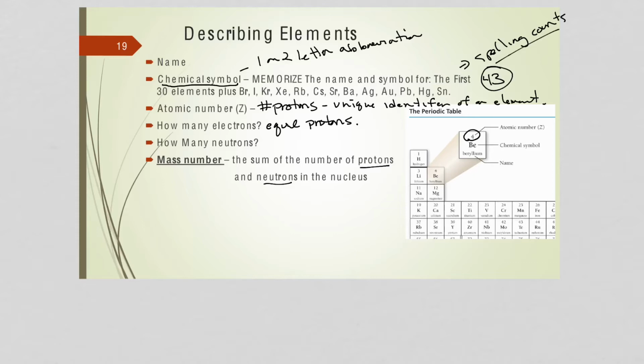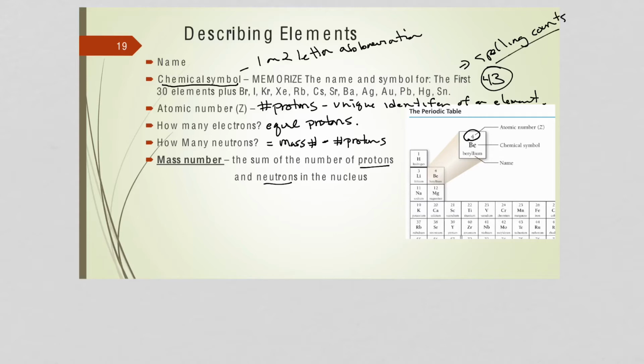And so the neutrons will simply equal the mass number minus the number of protons, or the mass number minus the atomic number, which will give me the number of neutrons. And so, if I know what the element is, and I know its mass number, I can figure out how many protons it has, how many electrons it has, and how many neutrons it has.